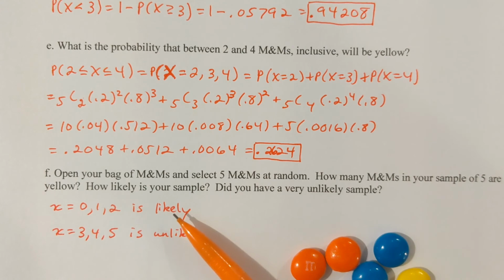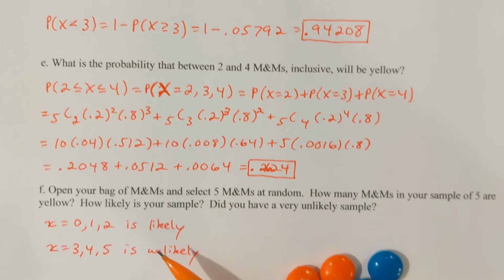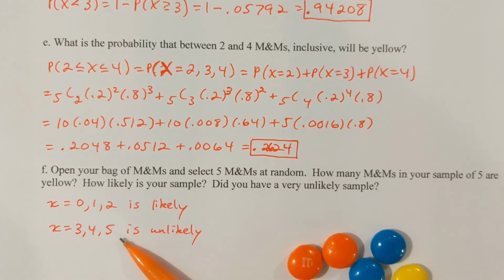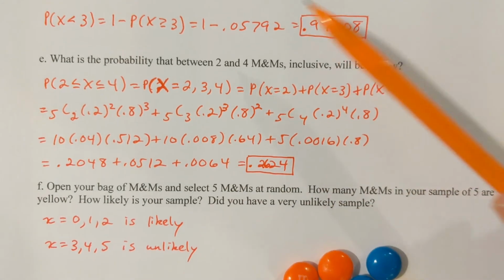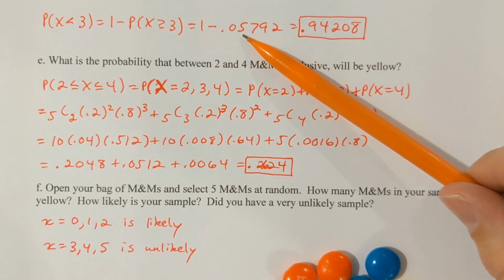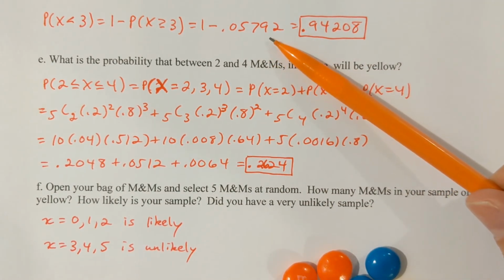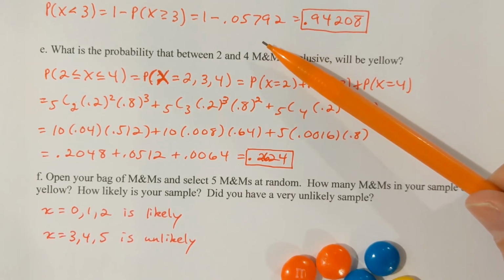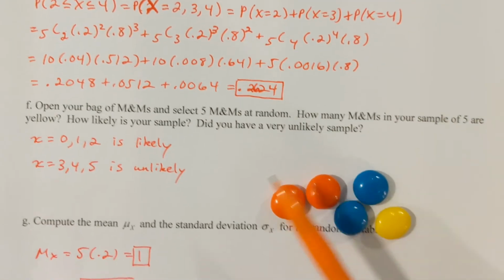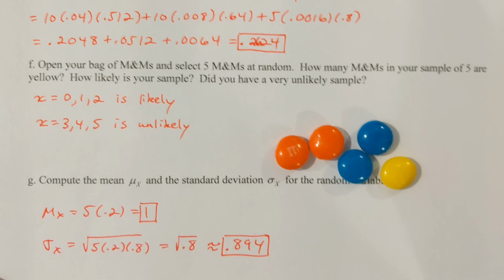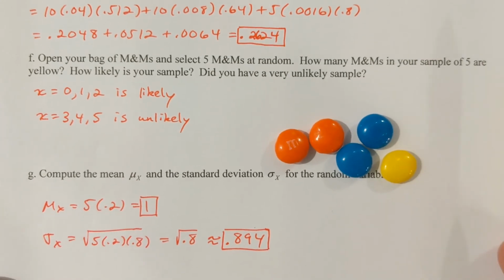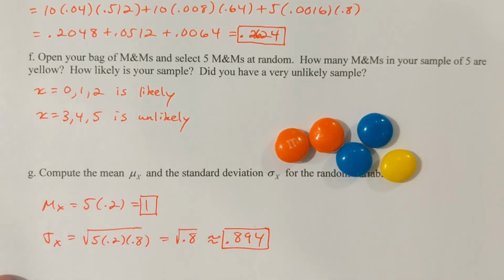That's very likely to occur. It is very unlikely that you would have 3 or more yellow M&Ms, less than a 6% chance of that occurring. We can see that here from this bag and the colors that we were getting.